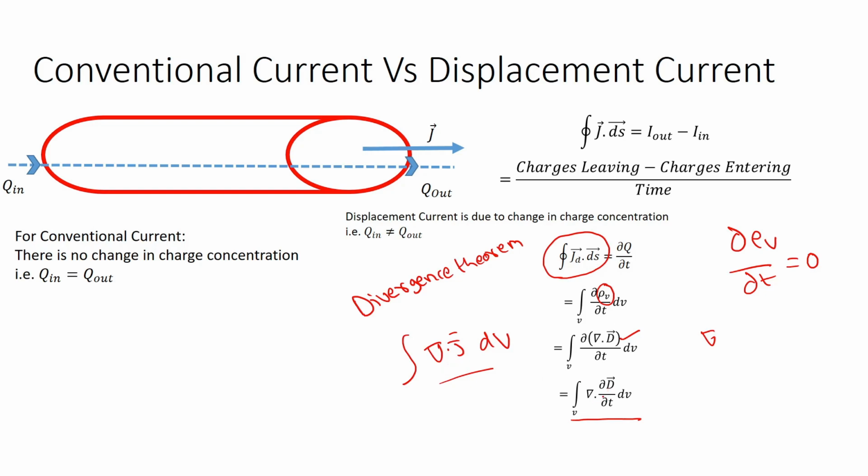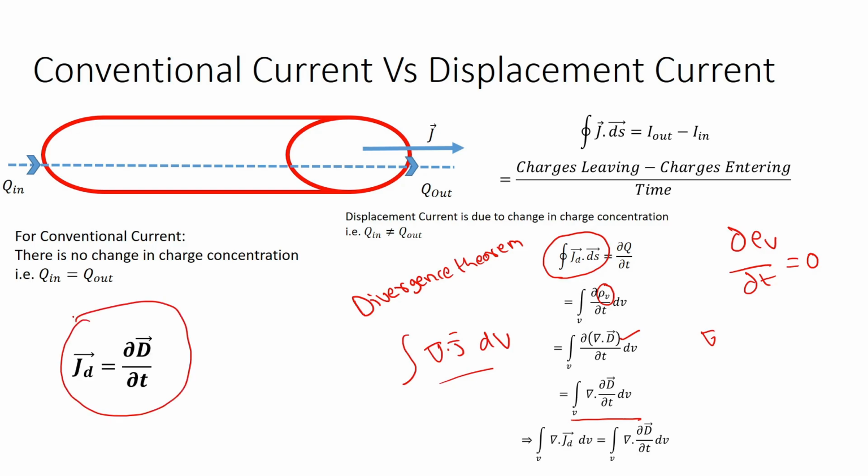That means J̄d should be equal to ∂D̄/∂t. That J̄d is called the displacement current density. The source of displacement current is the time varying electric flux density.